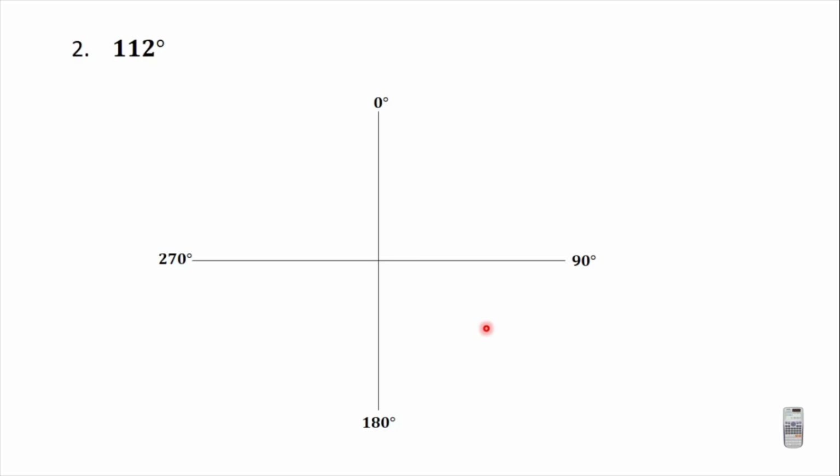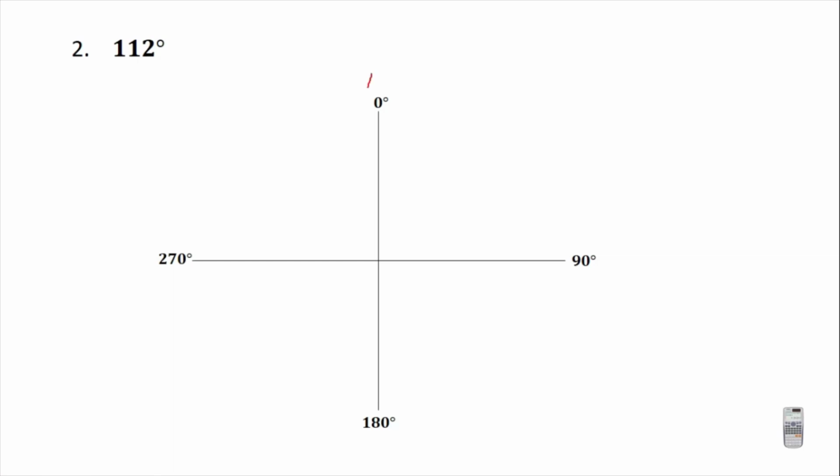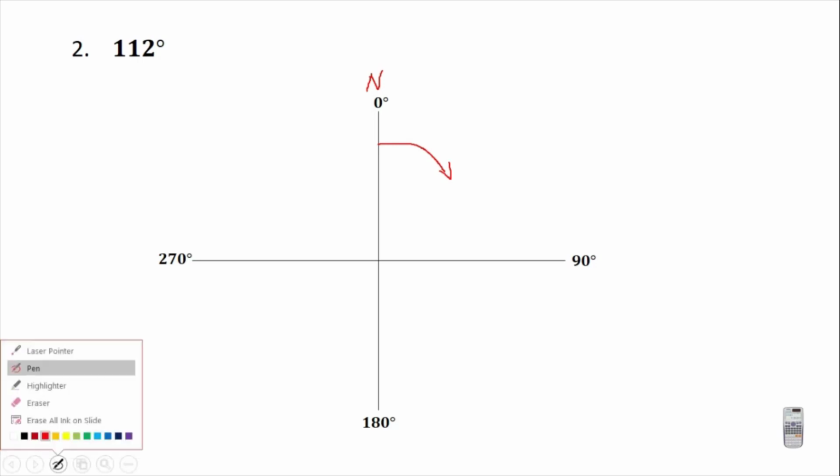The next one is 112 degrees. Once again, for 3-point bearings, the angles are always measured in the clockwise direction from the geographic north. So here is the geographic north. So for 112 degrees, you'll be measuring it from this line here in this direction, from the zero line.